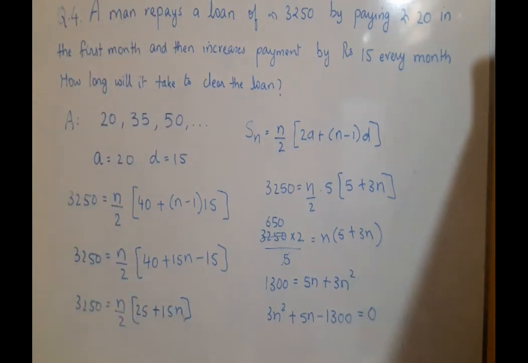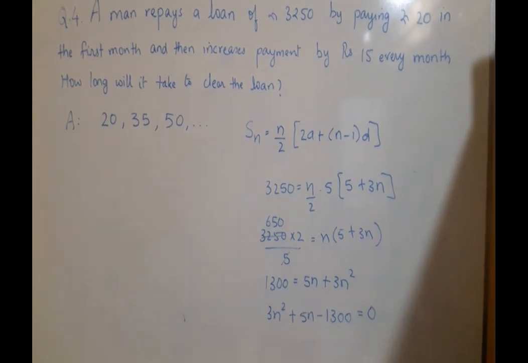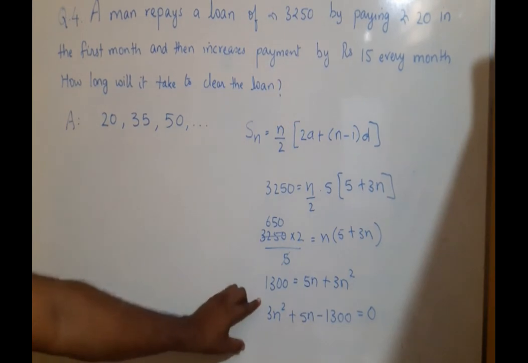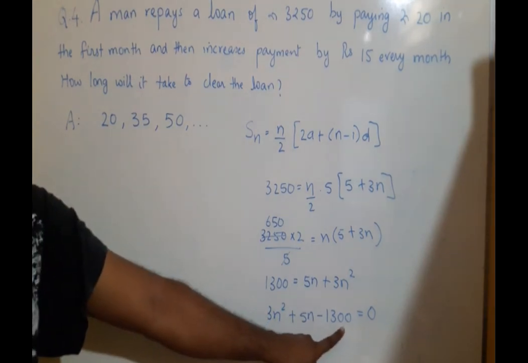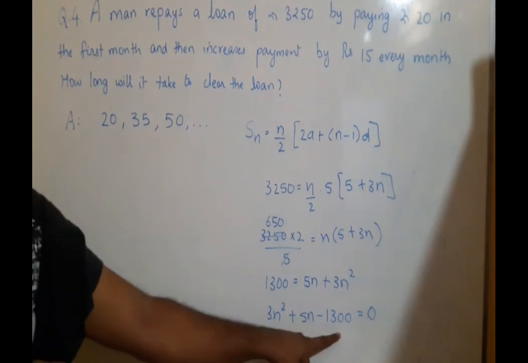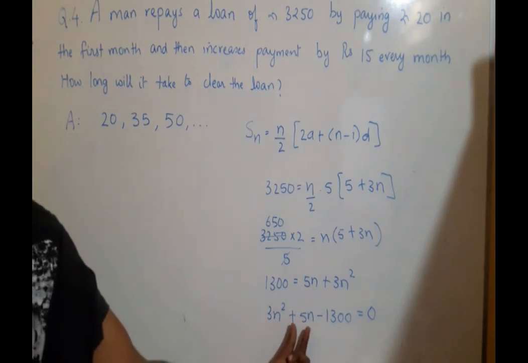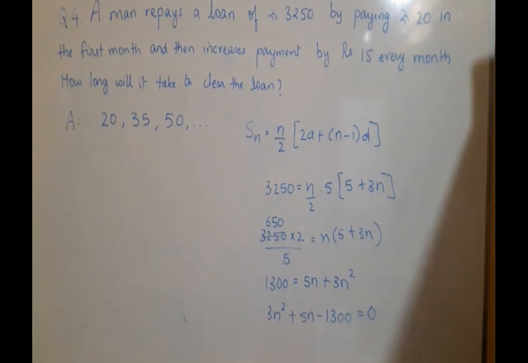So this is the quadratic equation that we get in the end. 3n square plus 5n minus 1300 equal to 0. Now we have a equal to 3, c equal to minus 1300. So a into c is minus 3900. We have to find two terms in such a way whose difference is 5 but the multiplication is 3900.